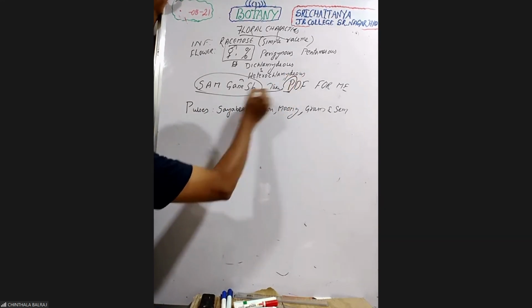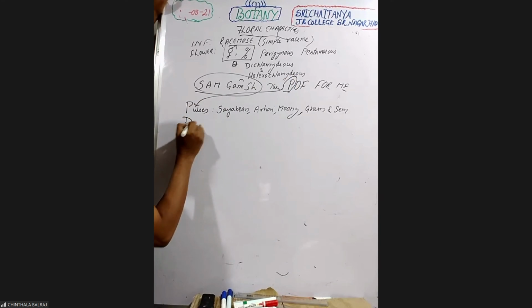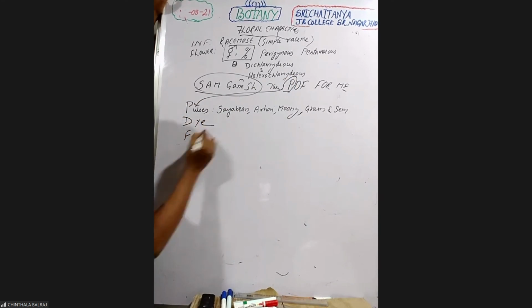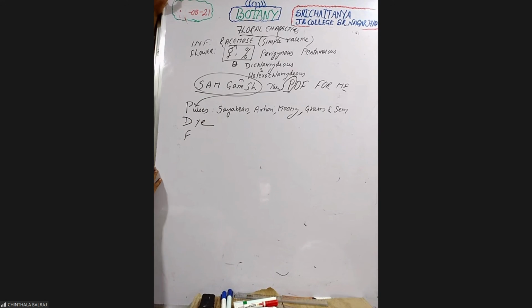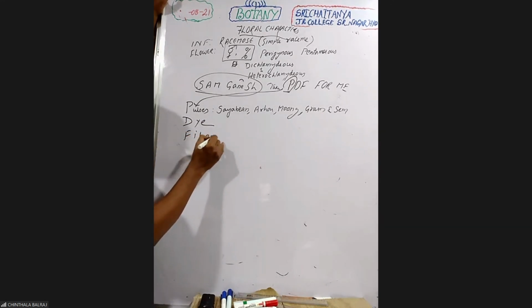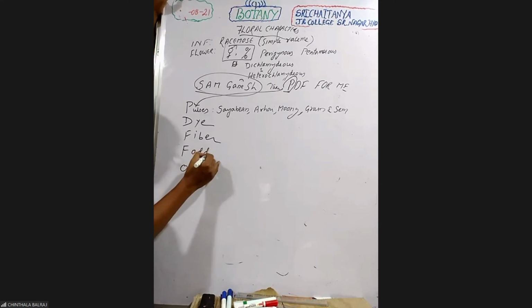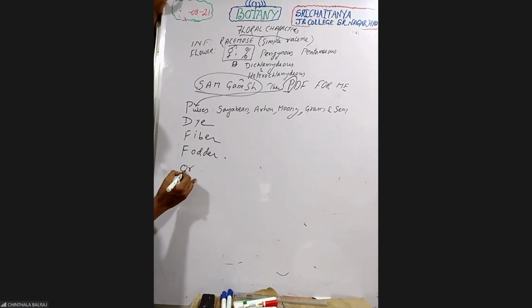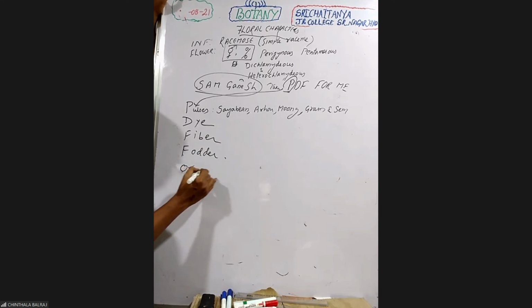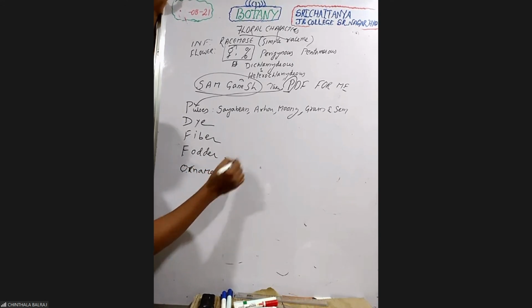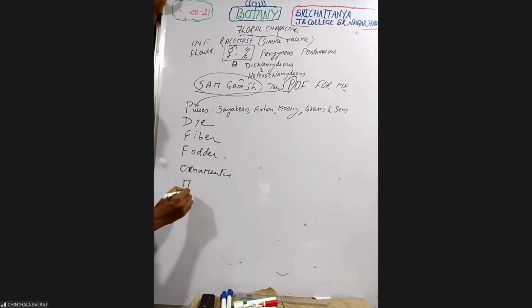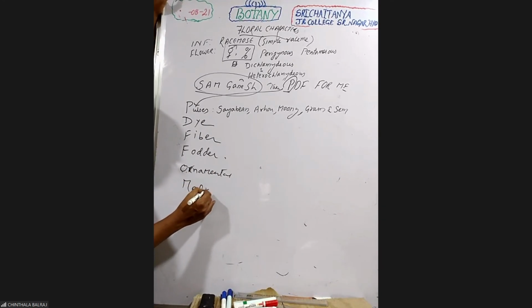PDF. P I am taking here. D for dye yielding plant. F for fiber yielding plant. O for ornamental. F for fodder. M for medicine.